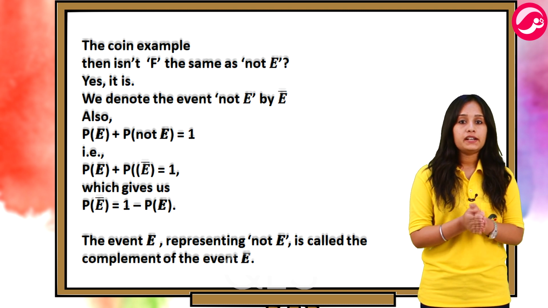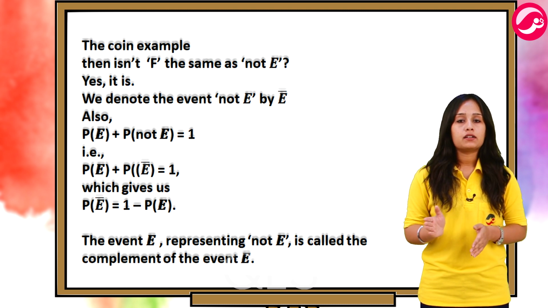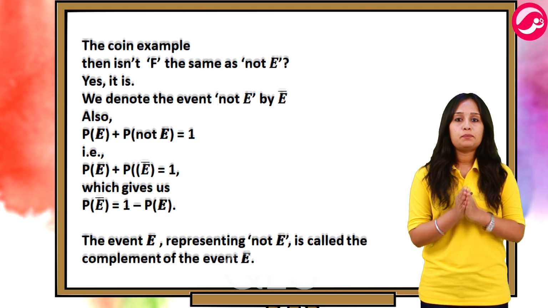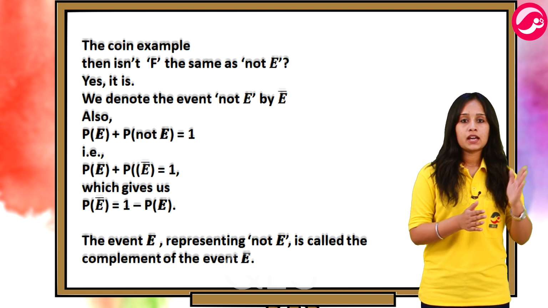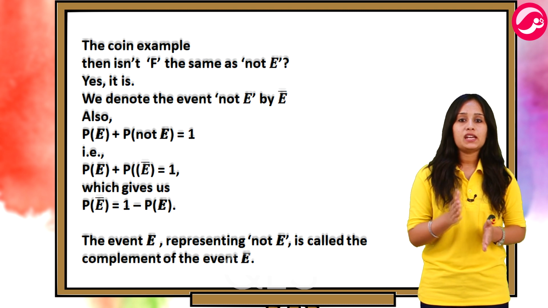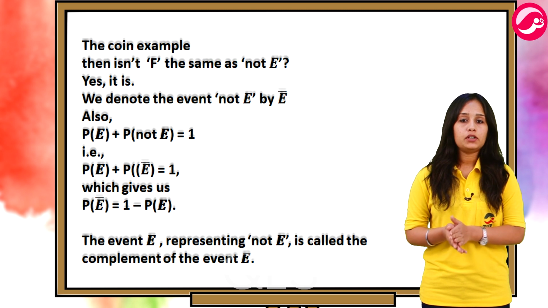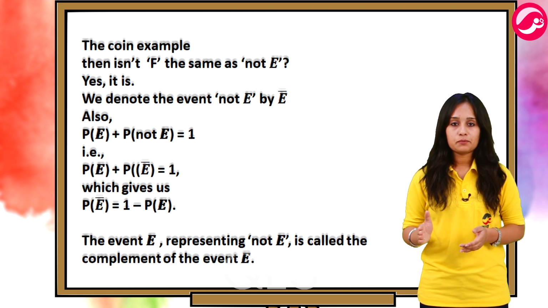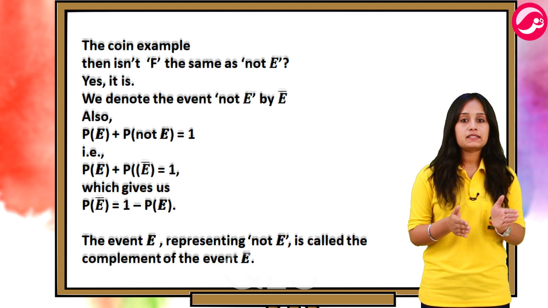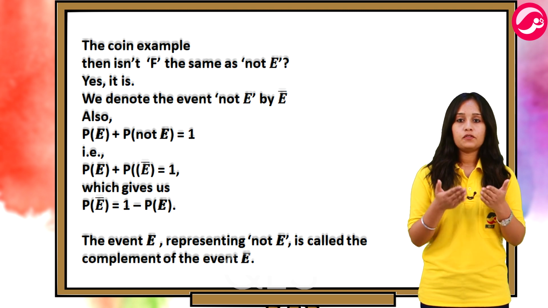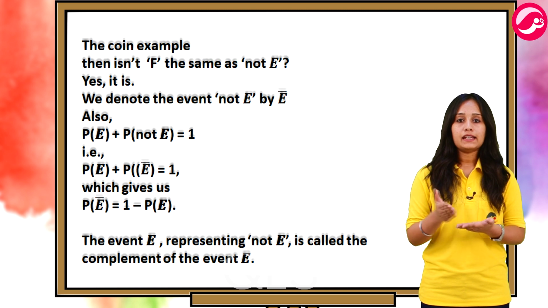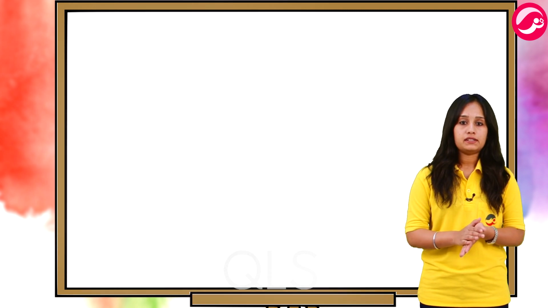We denote the event not E by E bar. Also, P of E plus P of not E is equal to 1. That is, P of E plus P of E bar is equal to 1, which gives us P of E bar is equal to 1 minus P of E. The event E bar representing not E is called the complement of the event E. We also say that E and E bar are complementary events.